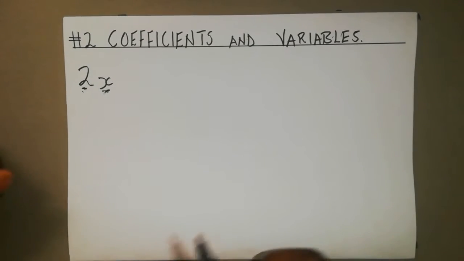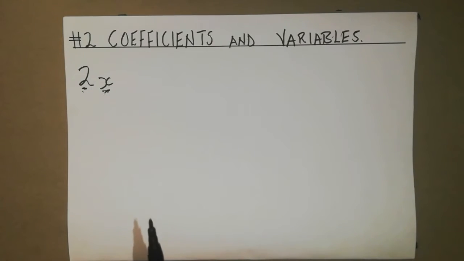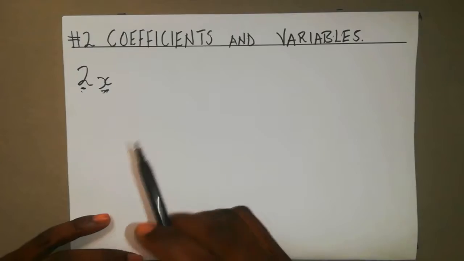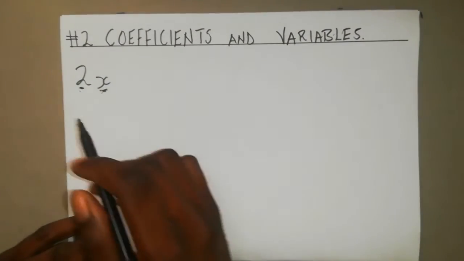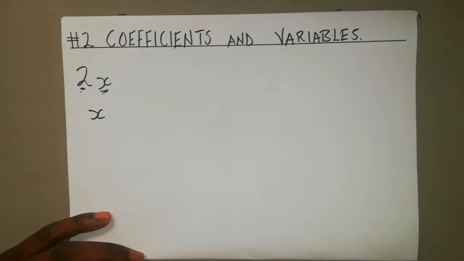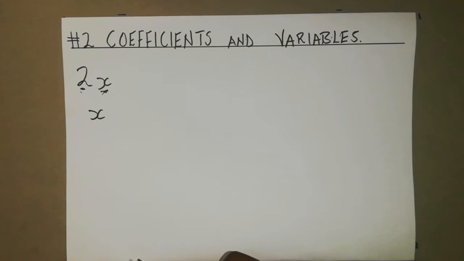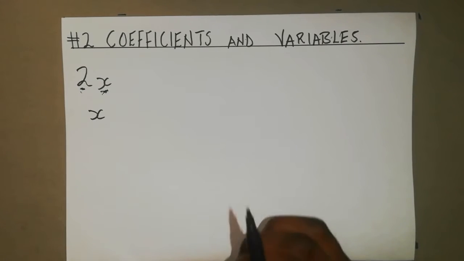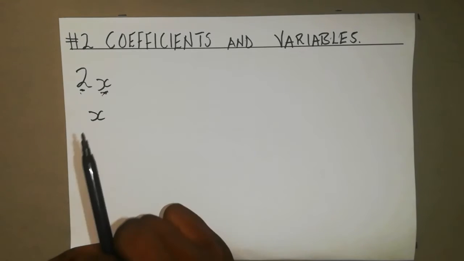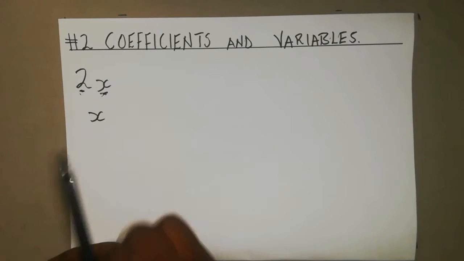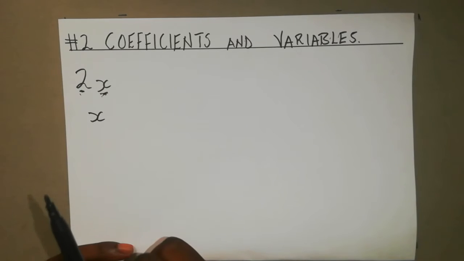Okay, guys. The other thing that you're supposed to understand with these coefficients, most of the cases you will find a variable standing on its own. For instance, you may find x standing on its own. So in order for you to really indicate that you are now at an ordinary level, you have to understand that this variable already has a coefficient even though it's not written, and the coefficient is always 1.